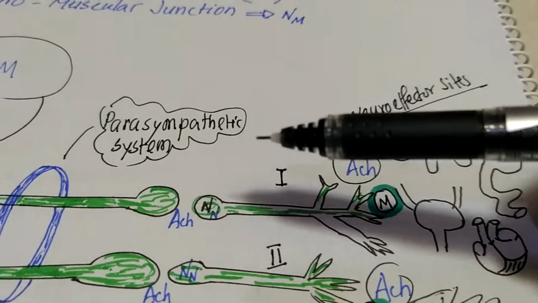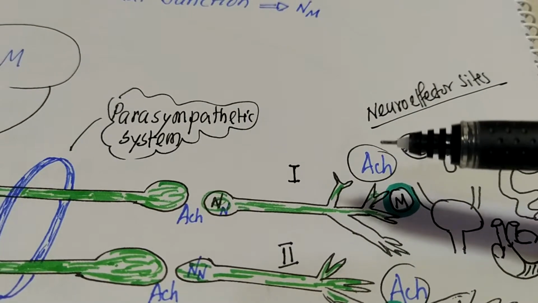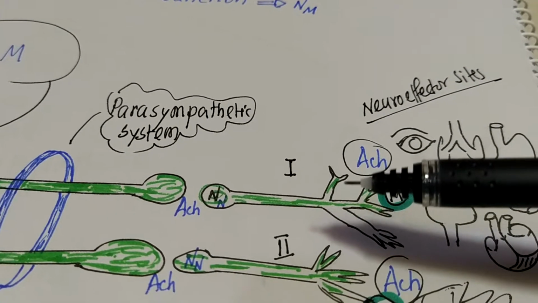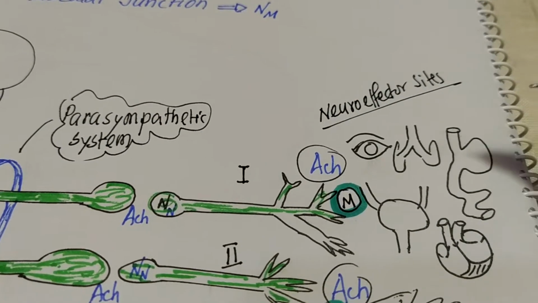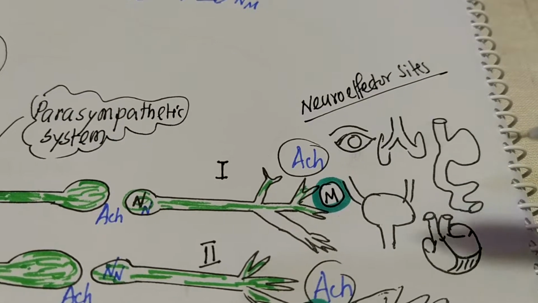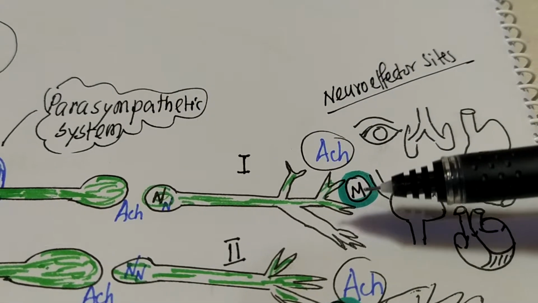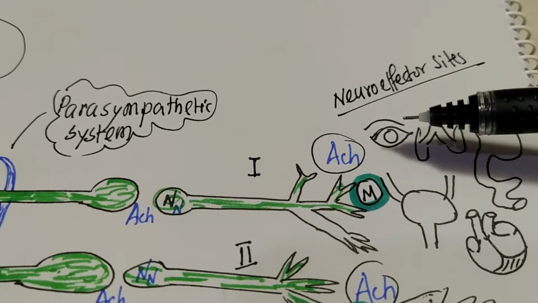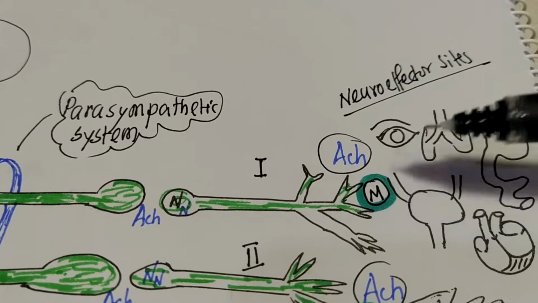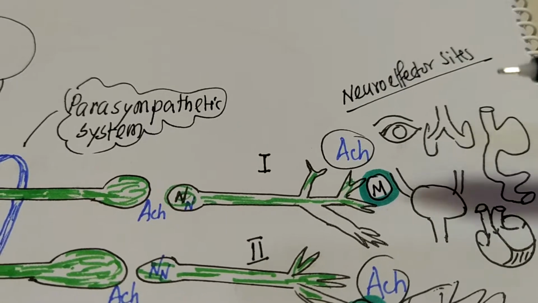And in the first group of the parasympathetic system, the postganglionic fiber supplies all other tissue, such as smooth muscle, where the receptors are M type, various subtypes M1, M2, M3, M4 and M5.